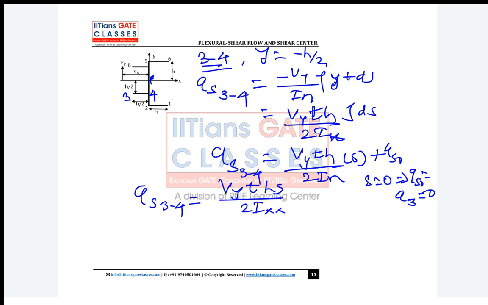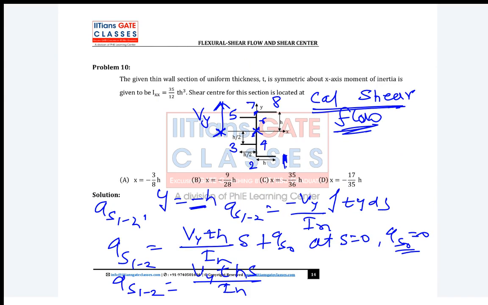Everyone, is it clear? This variation 1 to 2 and 3 to 4, yes or no?